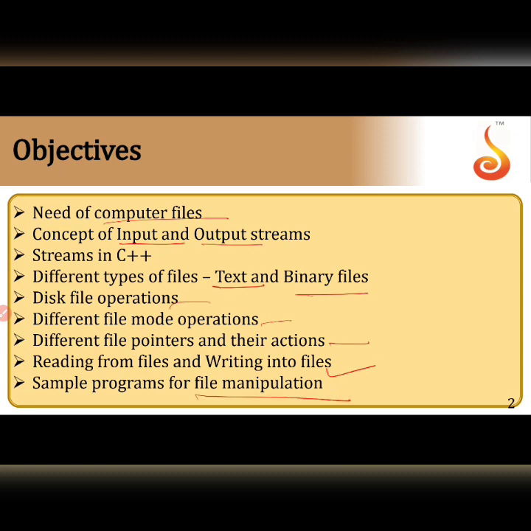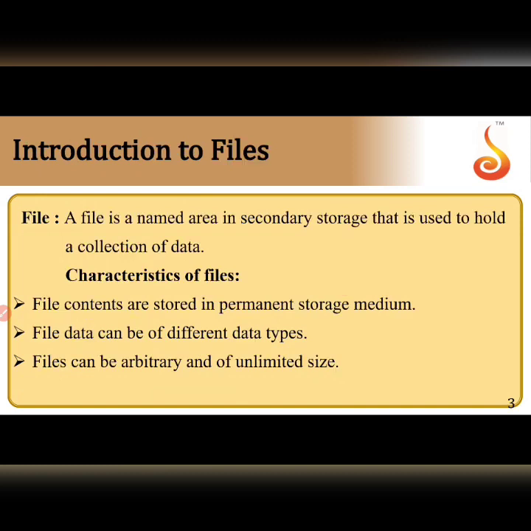Please go through the objectives once. Next is introduction to files. So, what are files? A file is a named area in secondary storage that is used to hold a collection of data. Yes, I have a Word document, I have an Excel file, I have a text file, a document file.